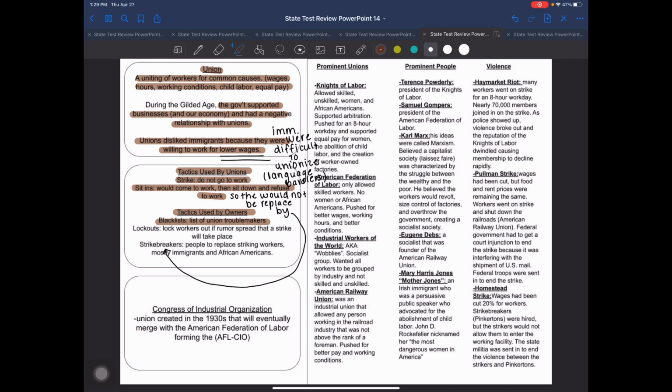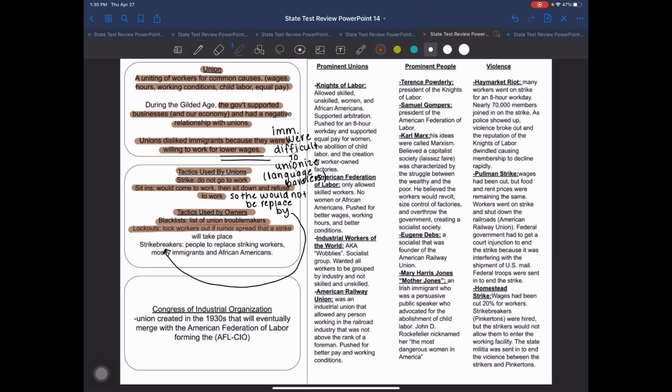So once you fired somebody for being part of a union and trying to plan a strike that would cost you a lot of money, when they went somewhere else to get a job, their name would appear on that blacklist, and it would be very hard for them to get another job.